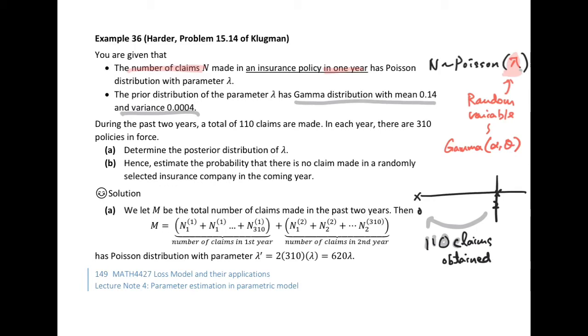This time I don't give you the full information about the number of claims in each insurance policy. Instead, I give you the total number of claims in a certain number of insurance policies. In each year, we will have 310 insurance policies active.